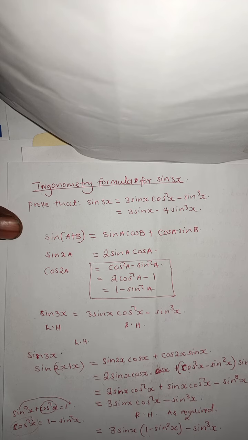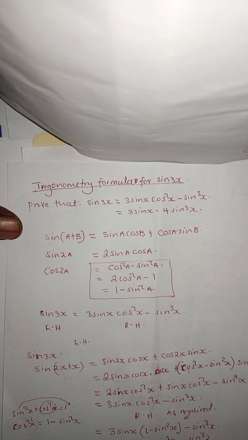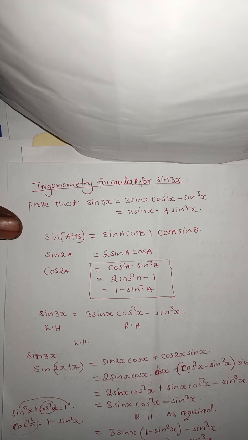Therefore, in opening the parentheses, this will give us 3 sin x times 1 gives 3 sin x, minus 3 sin x times sin x, which will give us 3 sin cubed x, then minus sin cubed x. Now, look at the last two terms.